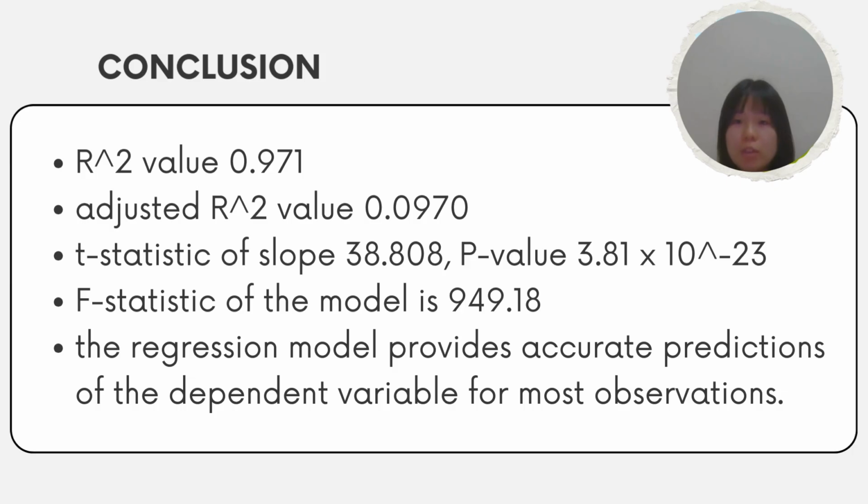The model's overall significance is supported by an F-statistic of 949.18 with the corresponding p-value. Besides, the residual independence assumption is satisfied, confirming the model's validity and reliability in accurately predicting the dependent variable.